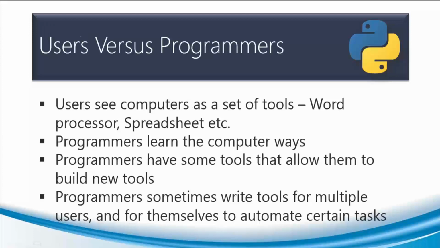A good example using Excel as a programmer would be to create a macro or a Visual Basic script that automates your addition, subtraction, or any task you're doing in your Excel environment. Similarly, you can create macros in word processing programs and a host of other enterprise-wide applications. So users simply use the tools, and programmers automate those tools or speak the computer language.